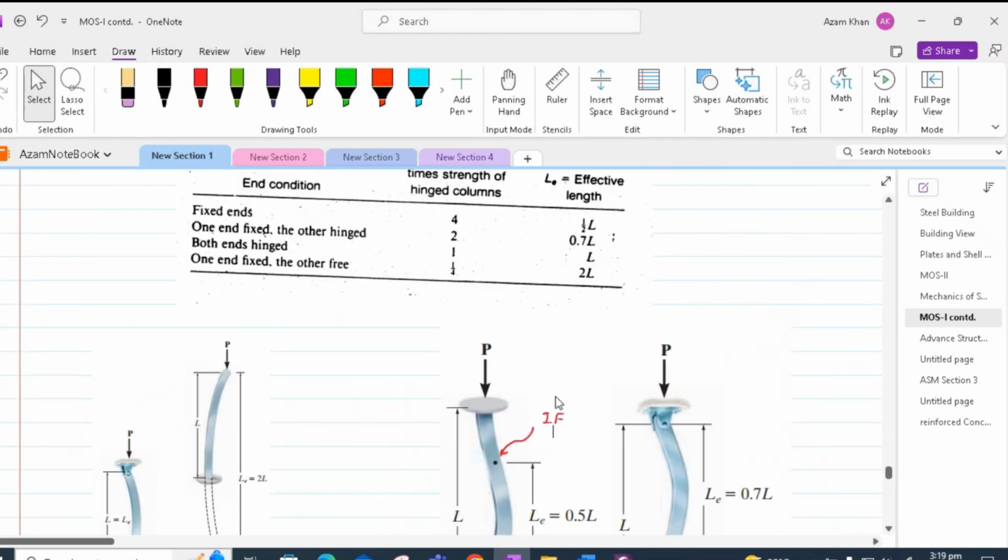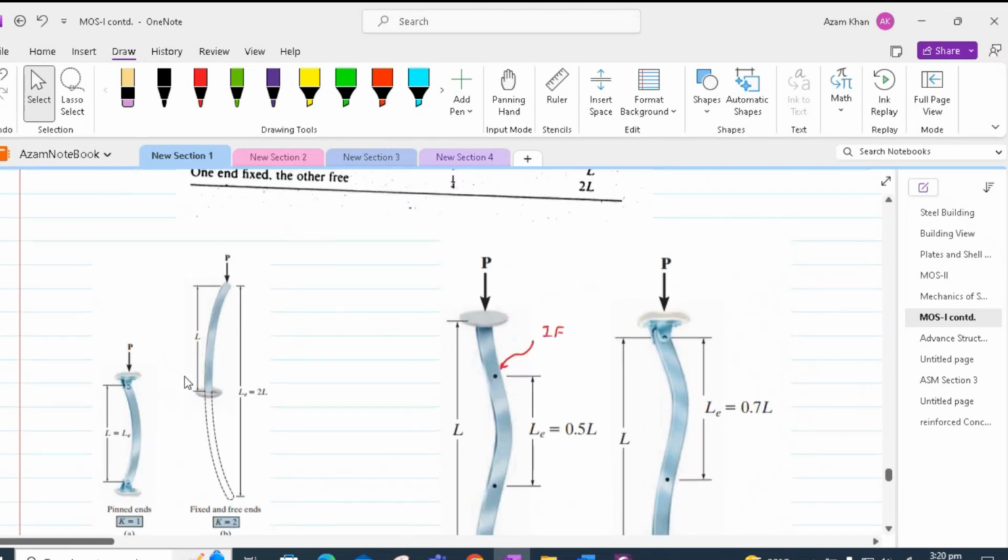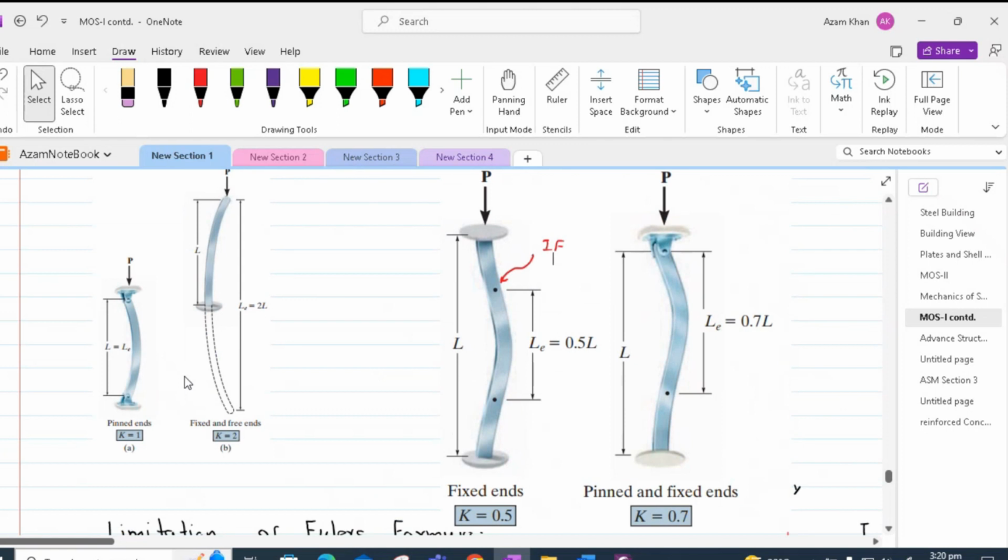Similarly, in the case of both ends fixed, we can put effective length equal to 0.5L. And for a pinned and fixed end, we can put effective length equal to 0.7L in our Euler buckling load equation.